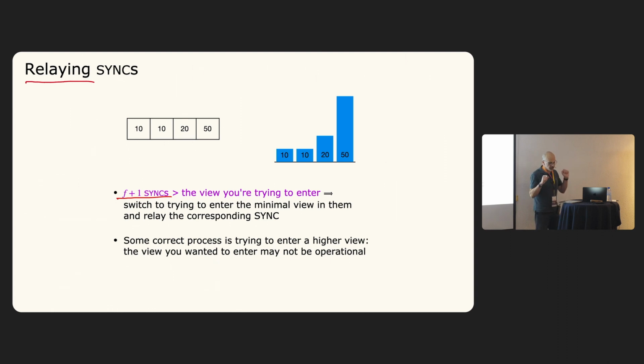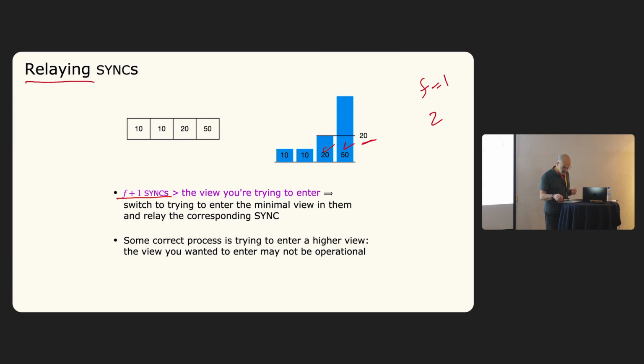Before that I used the 2f plus 1 highest, now I use the f plus 1 highest. To remind you, f equals 1, so f plus 1 is equal to 2. If I have this situation, 20, 50, I know that there is at least one correct process that entered a view of at least 20. And if I have not yet voted for this view, if I only voted for lower views, then I vote for view 20. So this is exactly the same thing.